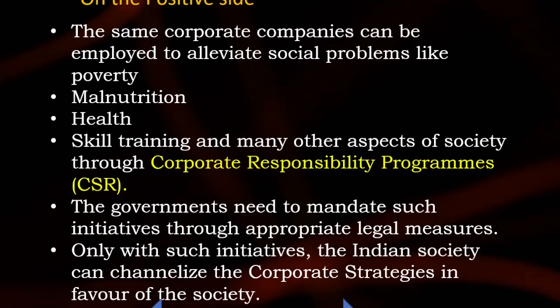So the corporate companies that are under the control of the government can be made to solve the main problems of the country, such as poverty. That is the positive side of corporate strategy: they can be asked to solve problems like poverty.